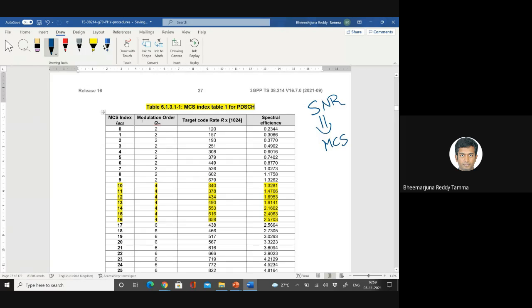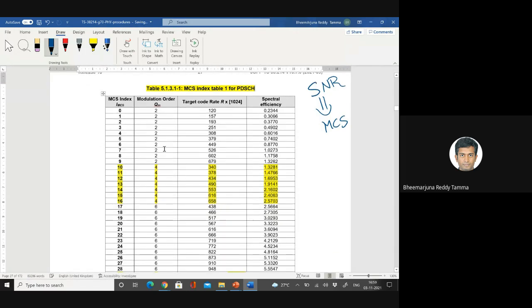Then look at this example; maybe there are multiple things to look at. I will show you the things with respect to one of the MCS. Let's assume that we have this set of MCS which are highlighted, 10 to 16. If you look, all of them have the same modulation order. That means in all these cases, we are using modulation order 4, which means 2 power 4, that is 16 QAM.